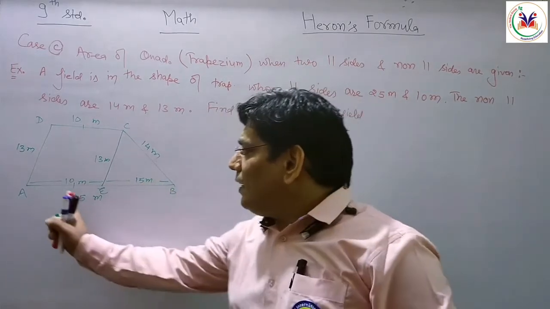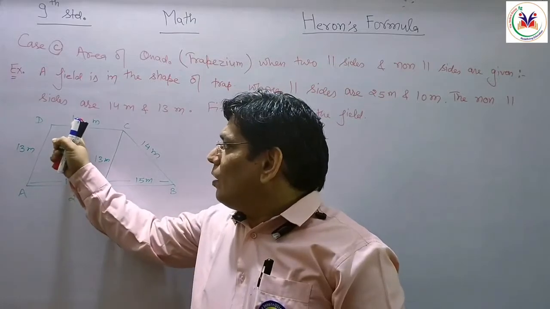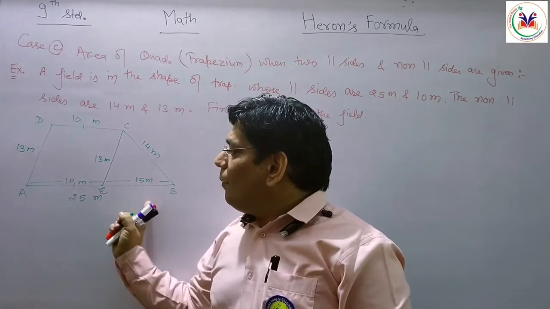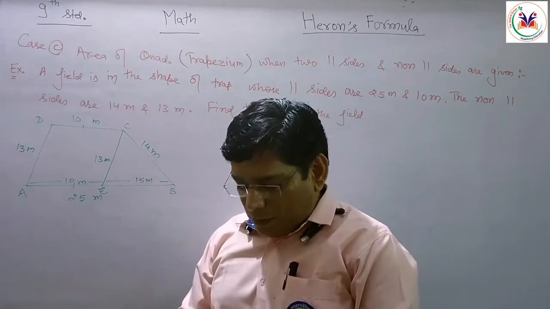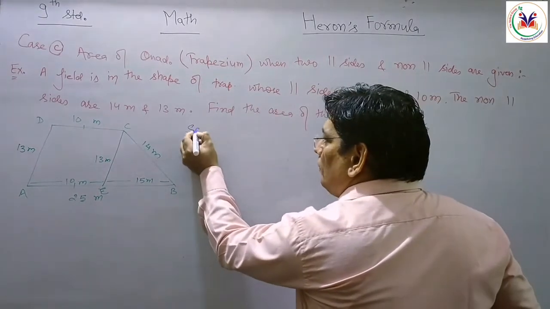And ये 10 क्यों है? Because the opposite sides must be equal in a parallelogram. So ये 10 है तो ये भी 10 होगा. अब ये total 25 है तो should be 15 meter. Am I right?